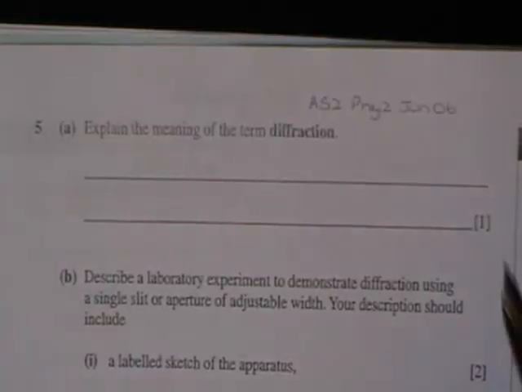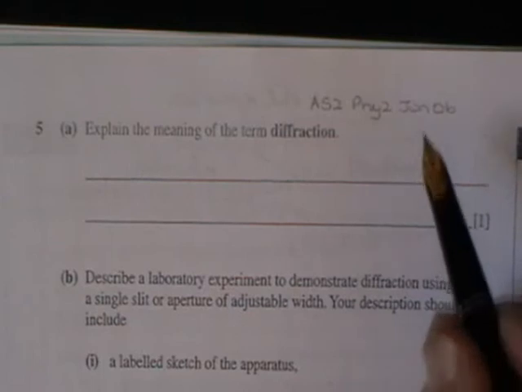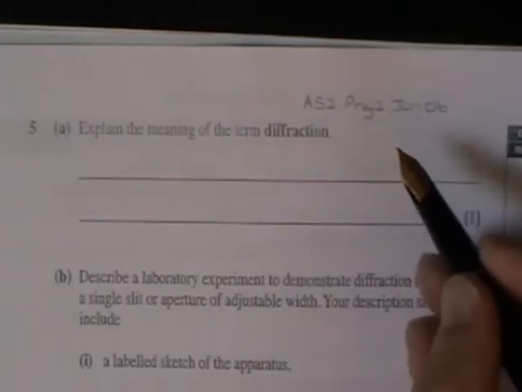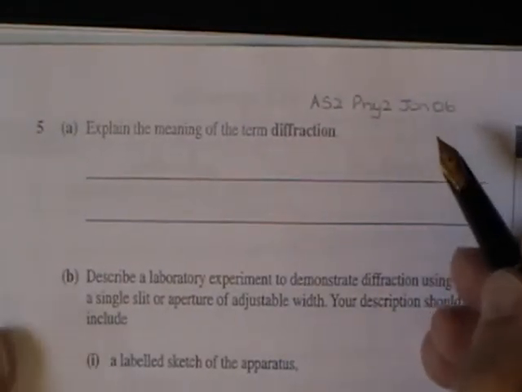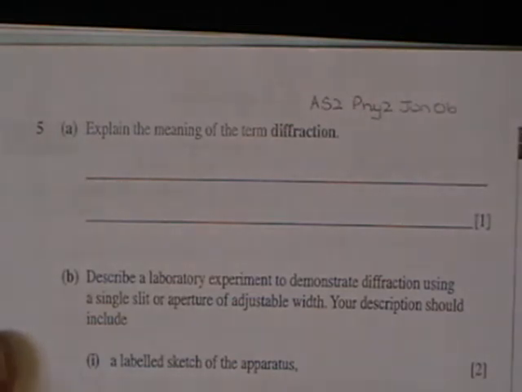Okay, we're now going to take a look at question 5 from AS paper 2 June 2006. First question asks to explain the meaning of the term diffraction. Diffraction is essentially a wave property, and diffraction is the spreading of waves as they pass through a gap or around an obstacle. Okay, very important.